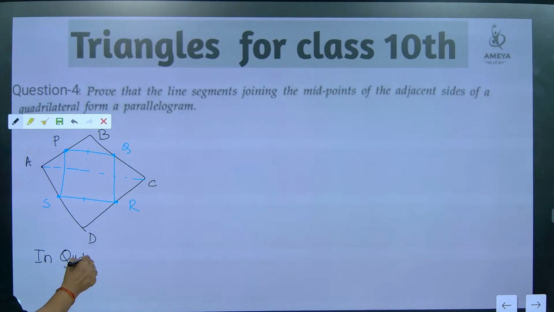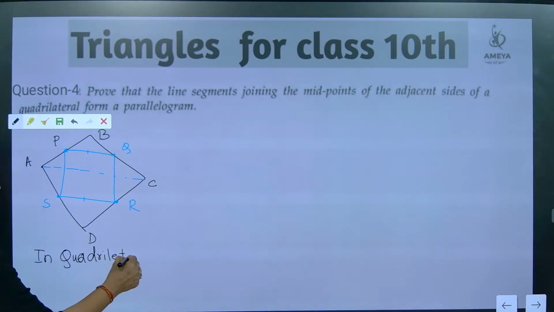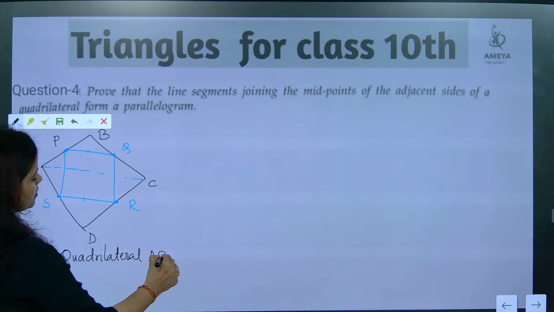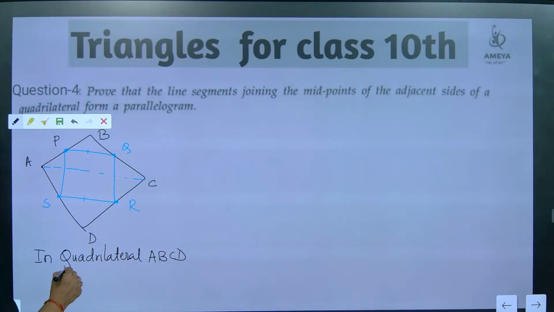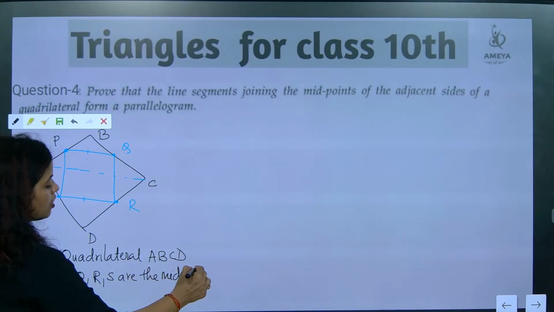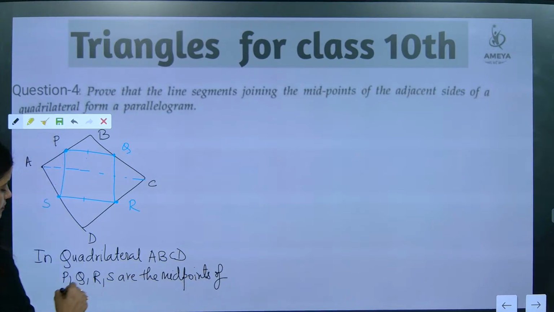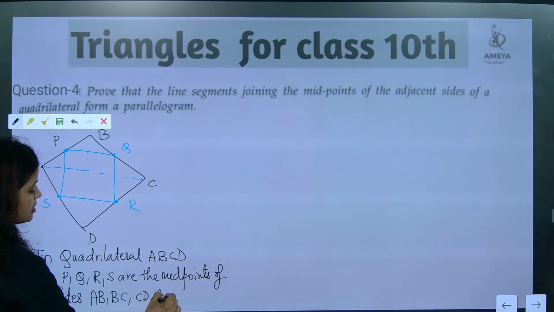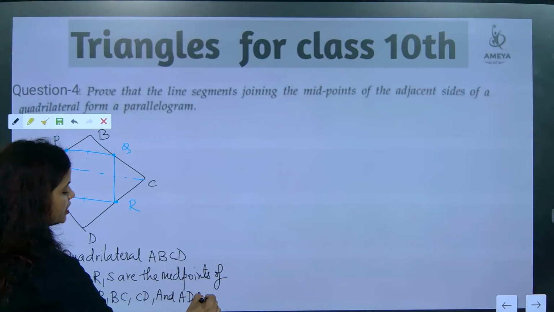So first we will start with: in quadrilateral ABCD, P, Q, R, S are the midpoints of sides AB, BC, CD and AD respectively.